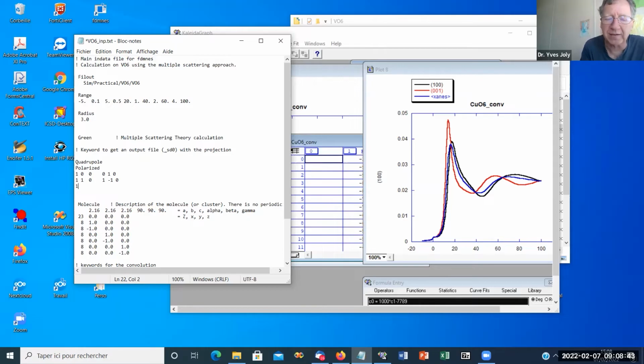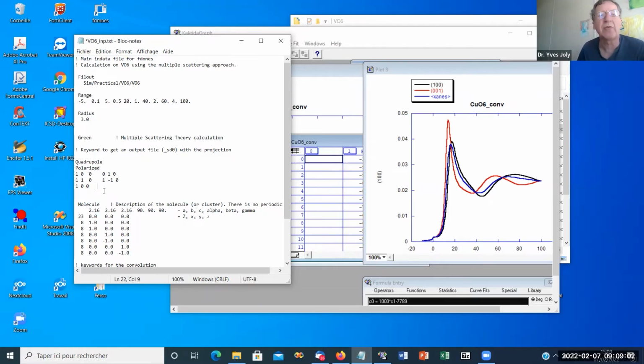Now, if I write this without the wave vector, in fact, I will have just the dipole part for this one. So I do that: polarization, wave vector, polarization, wave vector, polarization only.